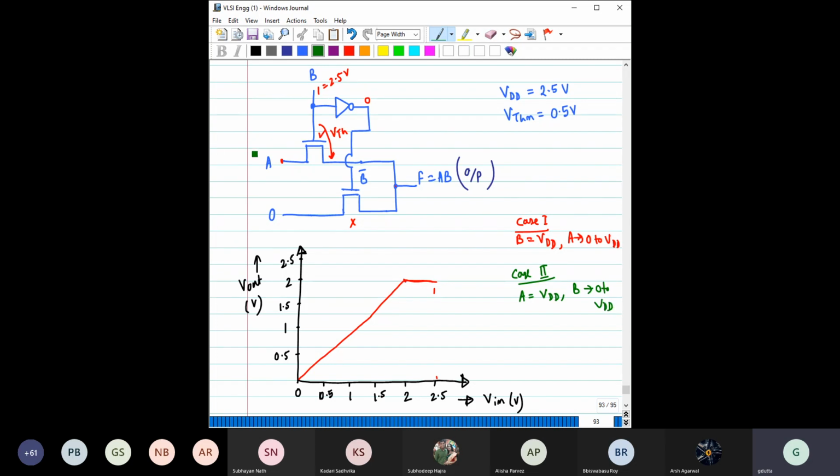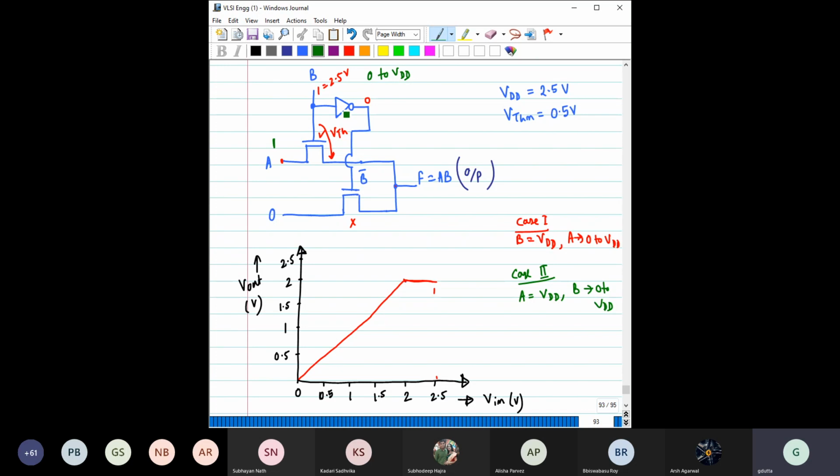So A is fixed at VDD, meaning A is equal to 1, and B is changing from 0 to VDD. Very good. This is a static CMOS inverter.